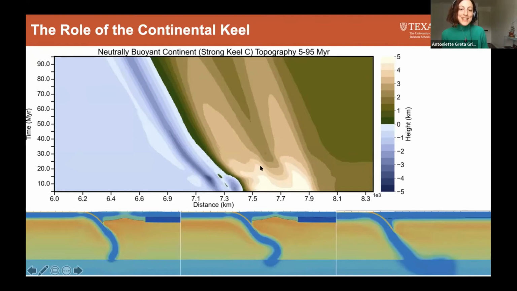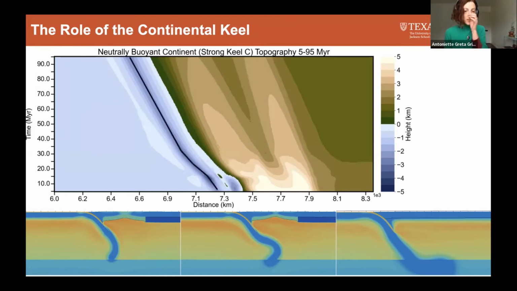We can also notice that the horsts or the shoulders of the basin are much steeper, much higher than the two previous cases. But if we look at the slab morphology, this is very similar to our homogeneous case, and our heterogeneous case where the keel was spatially limited.